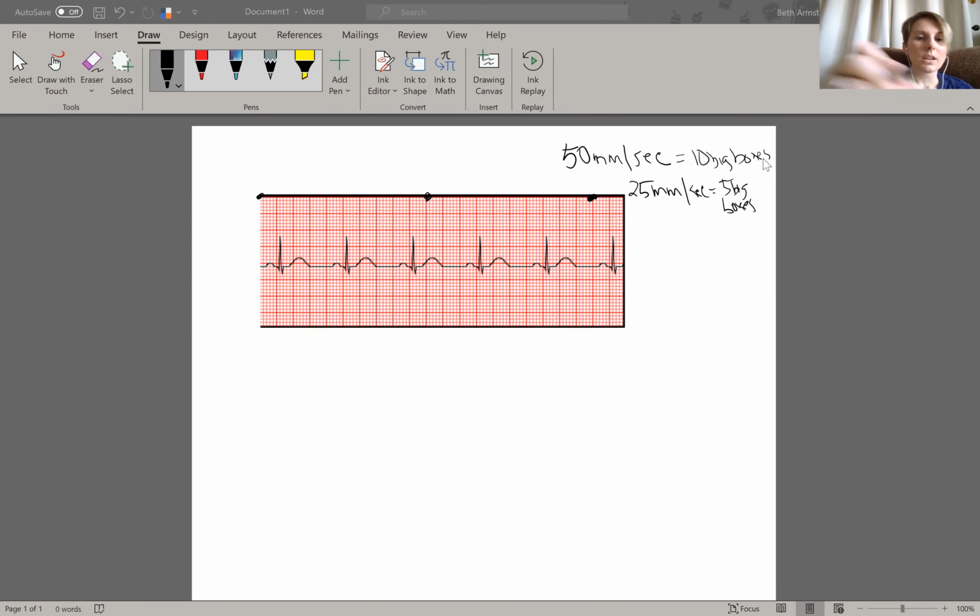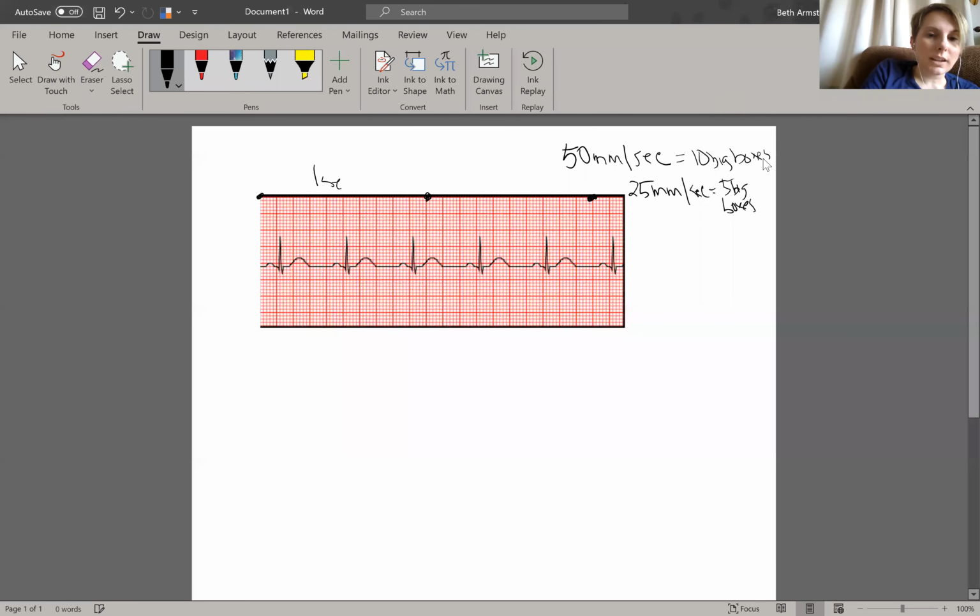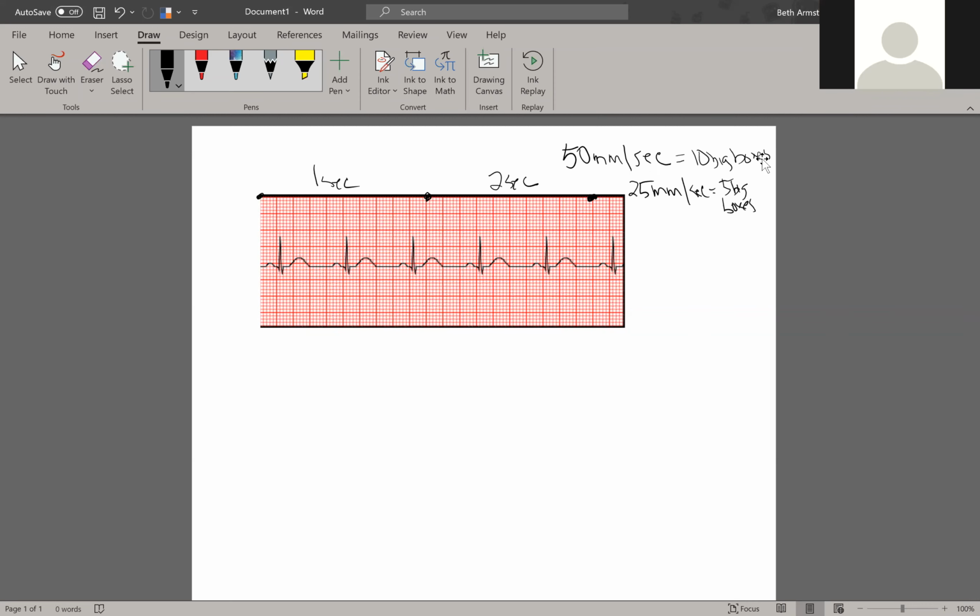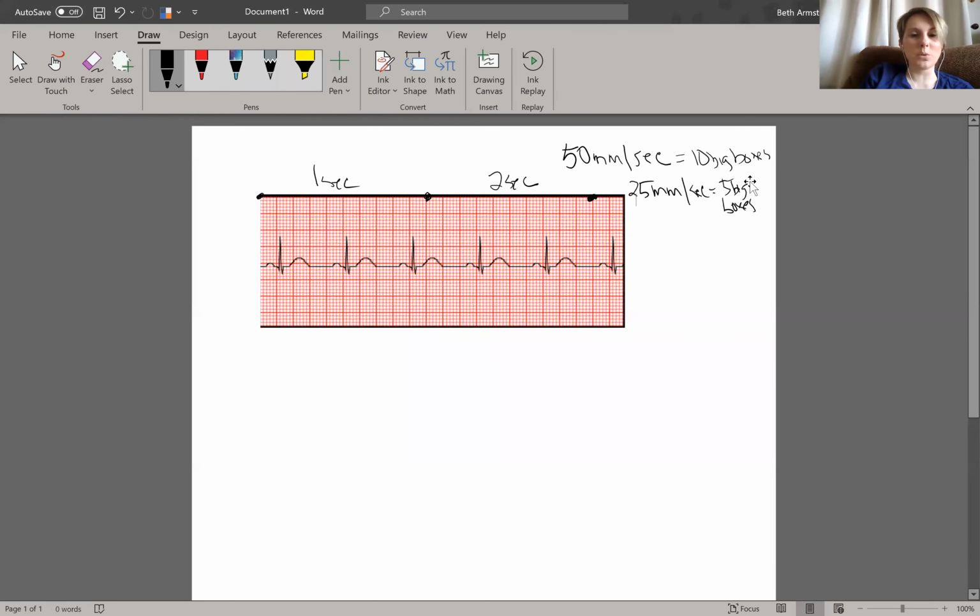So we have 1 second here and 2 seconds here. Okay, so now what is our next step? Count the number of R waves. Divide by 6 seconds. Okay, good. So yeah, you guys skipped 1 step, but yes, we're gonna count. We have to figure out a multiplication factor.